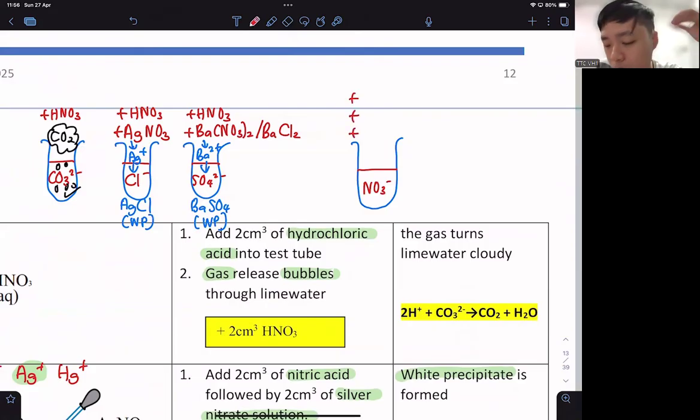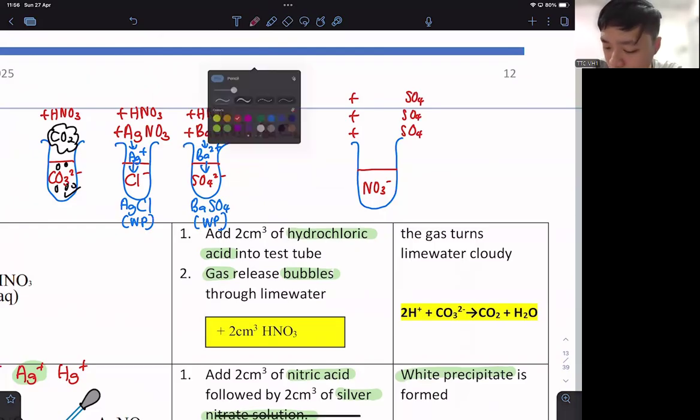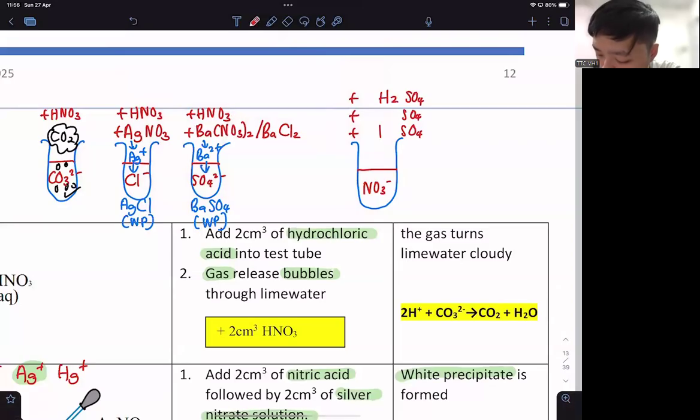How do we memorize? Remember, you have 3 SO4: SO4, SO4, SO4. The first one and the last one are H2SO4, the sulfuric acid. It's just that the first one is dilute, meaning quite watery, and the last one is concentrated sulfuric acid, the very thick one.